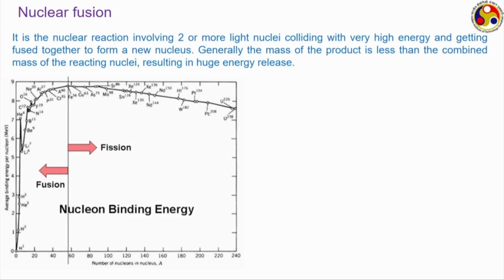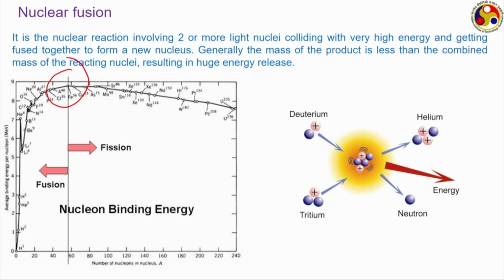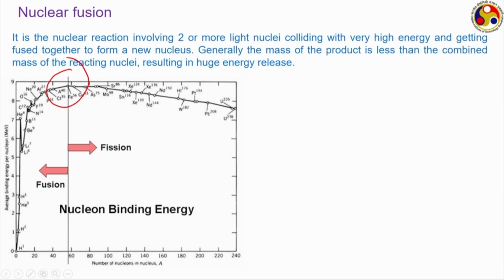Based upon the binding energy per nucleon, we get a criterion that when the mass number of a nucleus is greater than something like 60, it participates in fission, whereas when it is smaller, it participates in fusion, because the higher the binding energy per nucleon, the more stable the nucleus, and the largest value of binding energy per nucleon is obtained in this particular range of mass number, which corresponds to iron or nickel or cobalt, those groups of elements having mass number around 60.